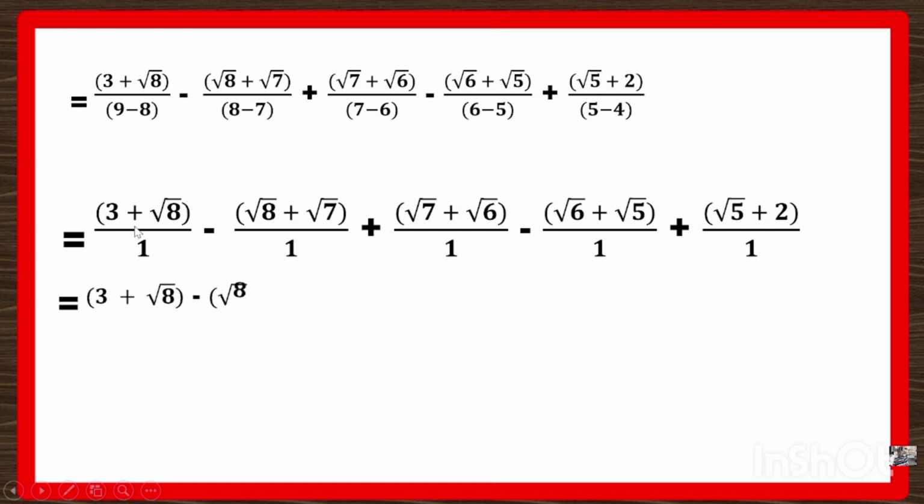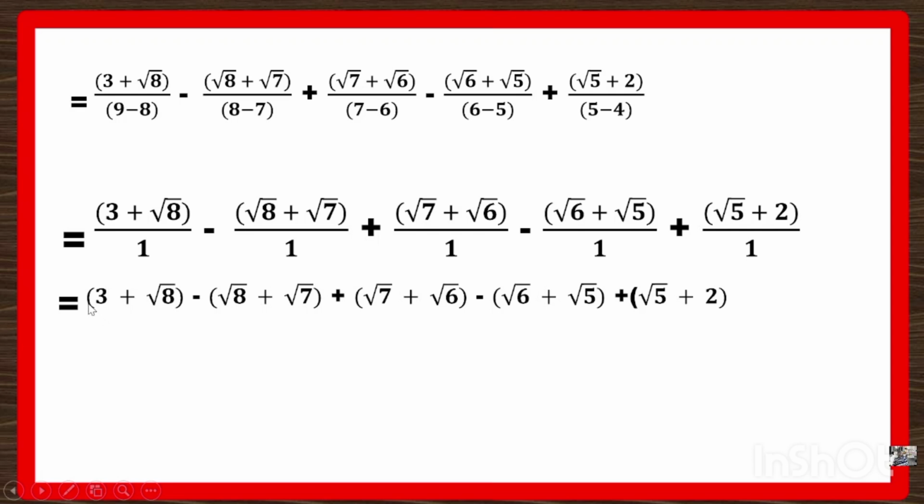Now you see 3 plus root 8 divided by 1, we can write 3 plus root 8, minus, similarly, (root 8 plus root 7), plus (root 7 plus root 6), minus (root 6 plus root 5), plus (root 5 plus 2). Okay, now there is bracket work.